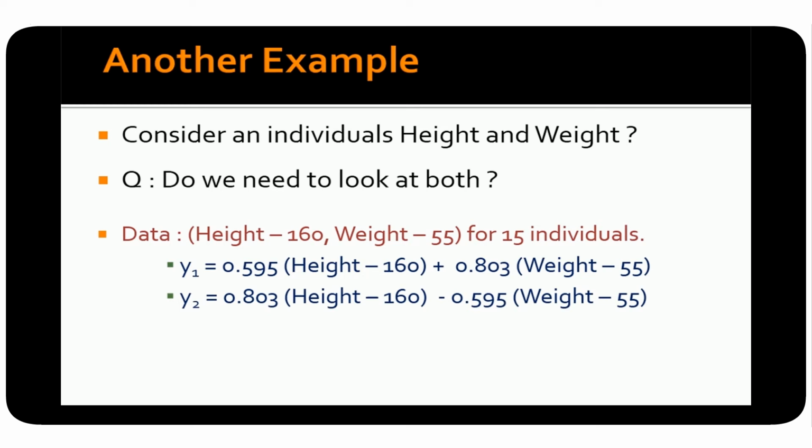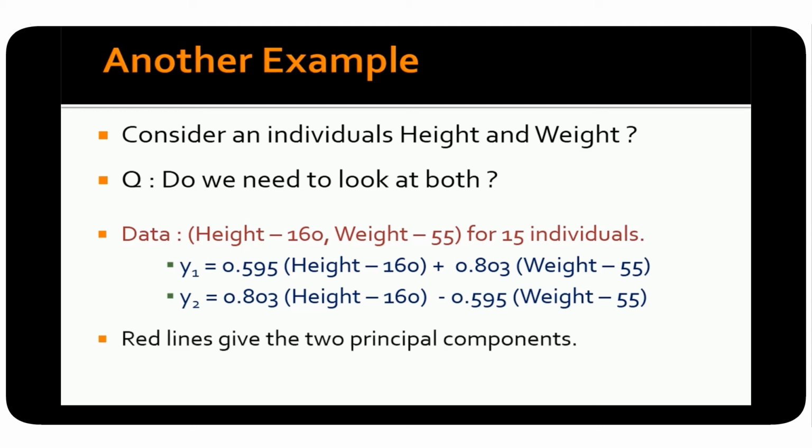So, the first principal component is y1, which is 0.595 times height, of course with the base changed, plus 0.803 times weight, and y2 is 0.803 times height minus 0.595 times weight. And if you want, you can discard the second variable and just look at the first principal component.